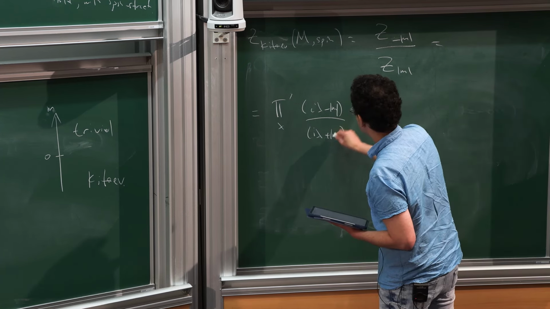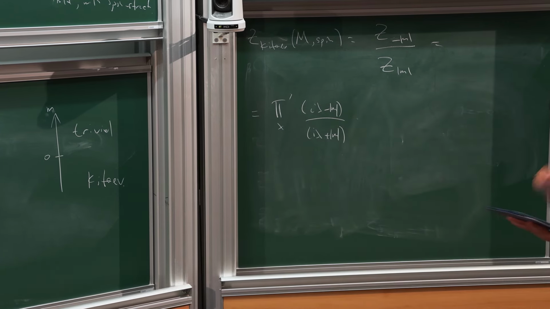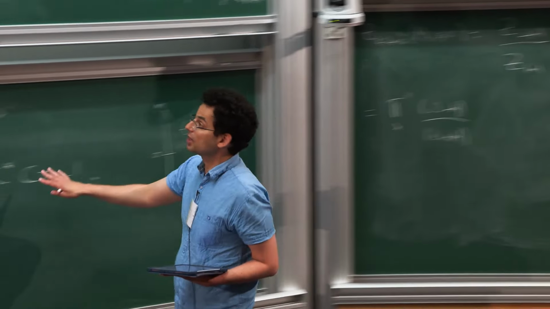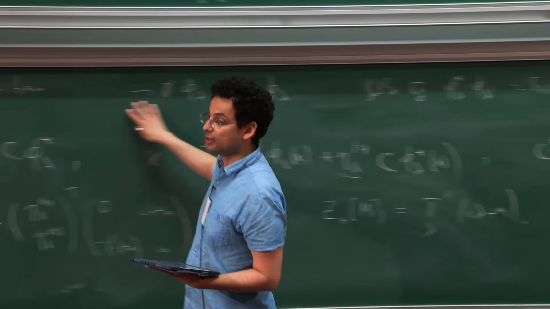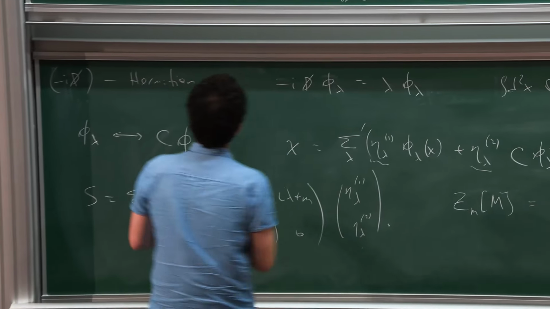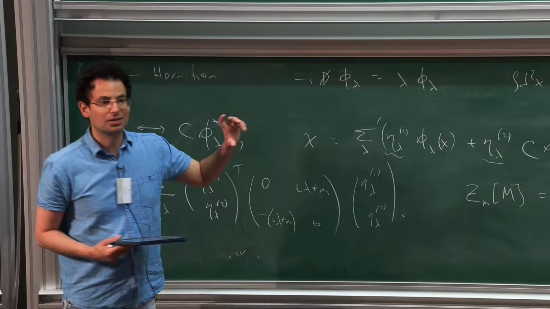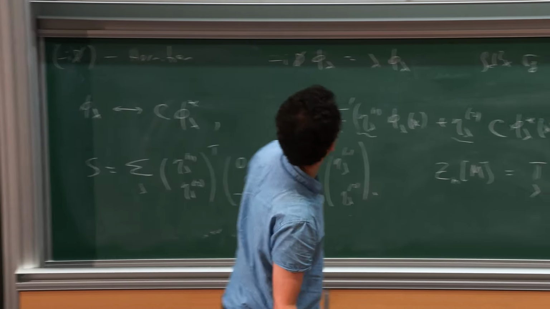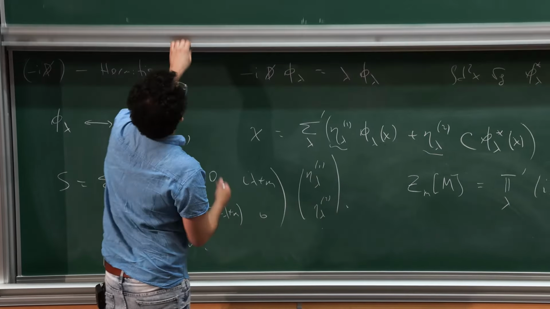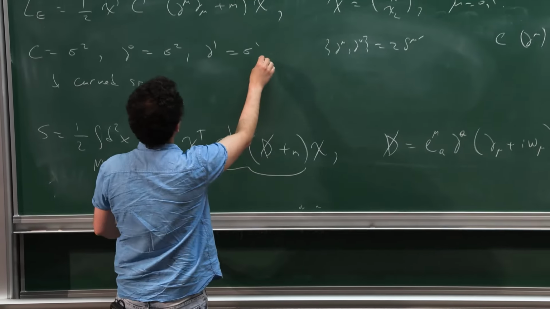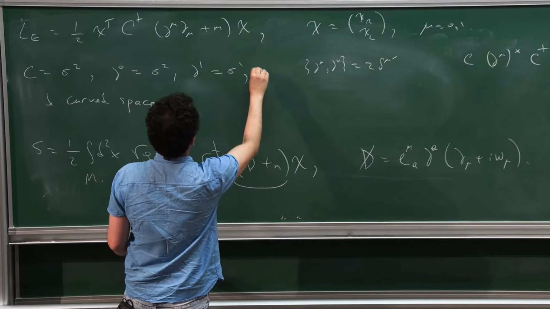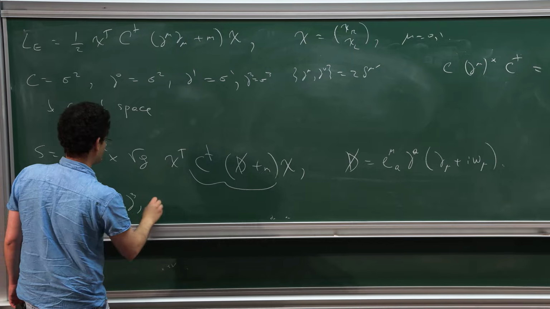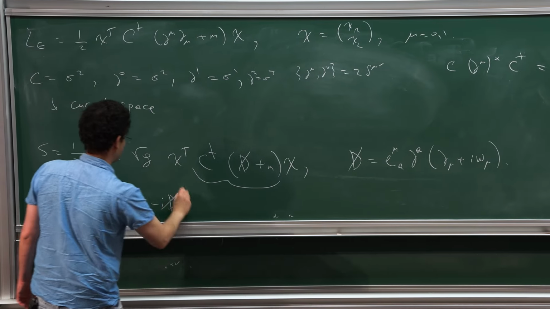Now, there is one more thing about the spectrum of this operator that I need to tell you, which is that in addition, the eigenvalues come in pairs of positive and negative eigenvalues, because there is a matrix gamma 3, which in this case is sigma 3, which anti-commutes with d slash.